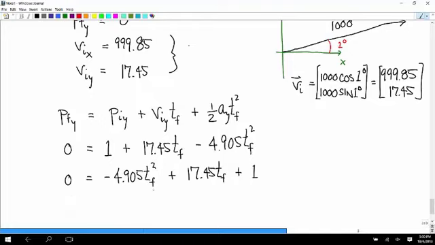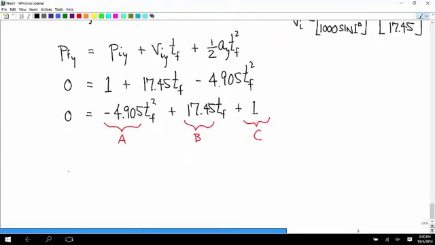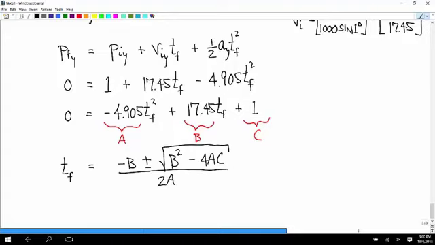Okay, so this is A. Negative 4.905 is A. Positive 17.45 is B. 1 is C. Plug that into the quadratic formula, and Tf is equal to negative B plus or minus the square root of B squared minus 4AC, divided by 2A.